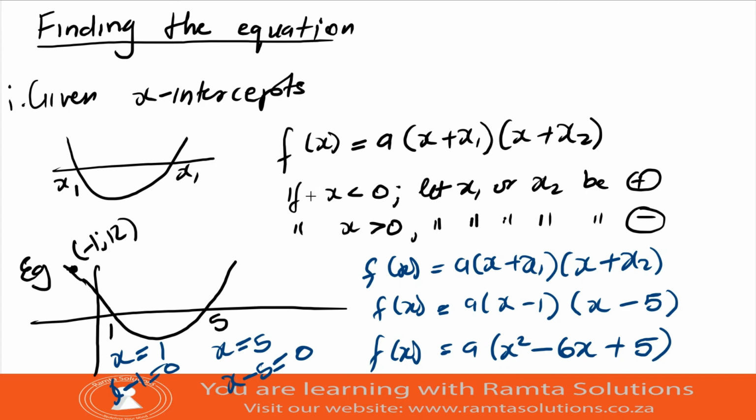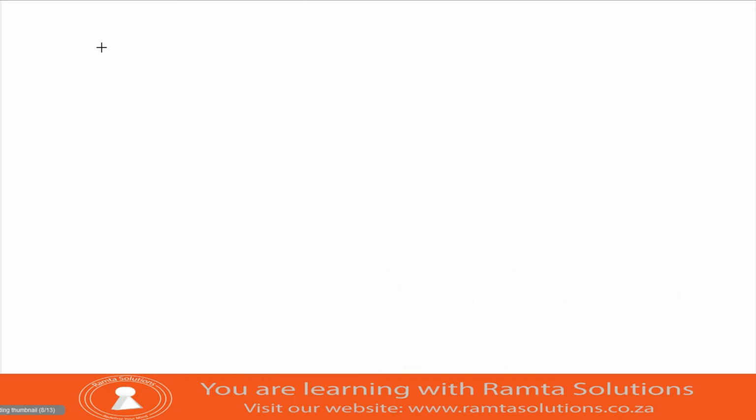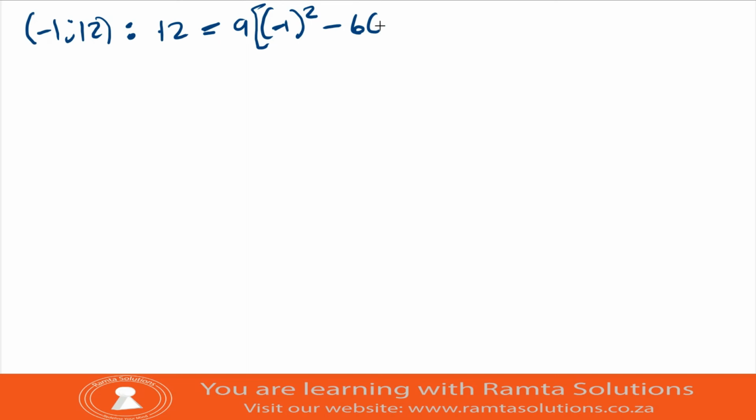Now I will use that point. The point was minus 1 and 12, right? And where there's x we put minus 1, where there's y we put 12. So we have 12 equals a into minus 1 squared minus 6 into minus 1 and then plus 5.